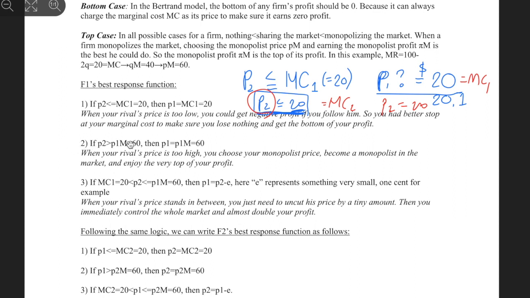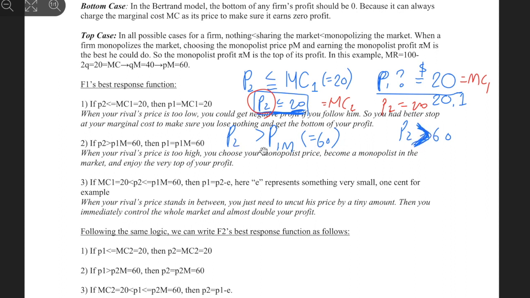And number 2, if P2 is greater than the monopoly price of Farm 1, and that value is 60. If P2 is greater than 60, not equal or greater, but if it's greater than 60, what is happening to P1?